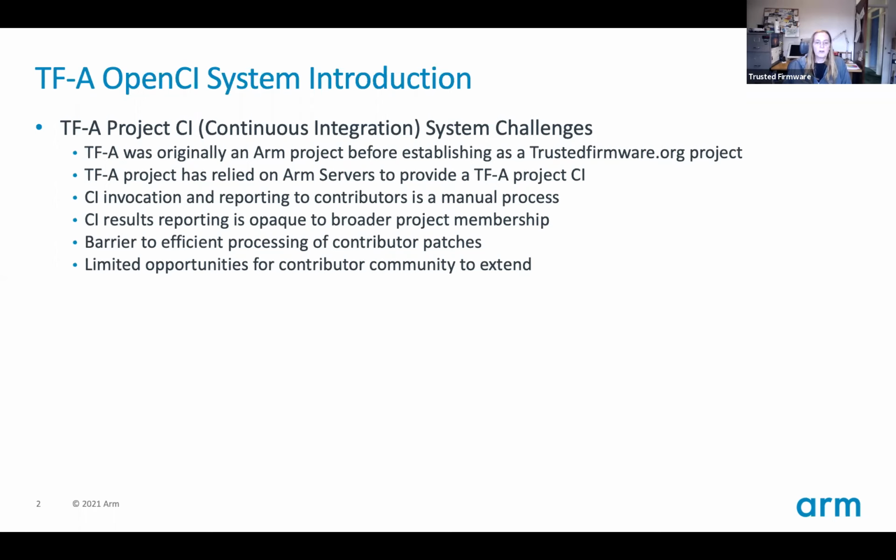And so it's been a goal for a while now to try to migrate as much as possible of this to the OpenCI, or as part of a system where the community at large has a lot more visibility into the results and invocation. And really, it's been a bit of a barrier having it all within ARM servers for a while because it slows down the processing of patches, and it also doesn't provide a great way for the community to extend the capabilities of the OpenCI, and that's something we always wanted to do.